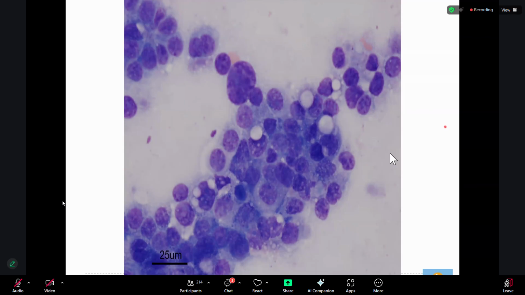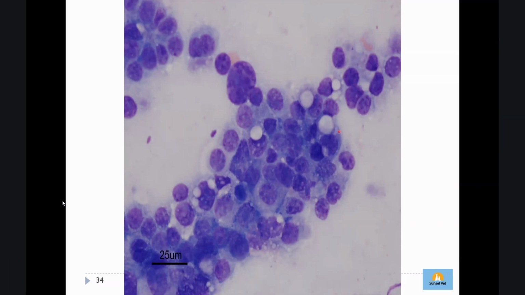Okay, some of you said round, some of you said carcinoma. Carcinoma means epithelial, but as I told you, round cells typically don't tend to attach to each other, but as you can see here, they tend to attach to each other.